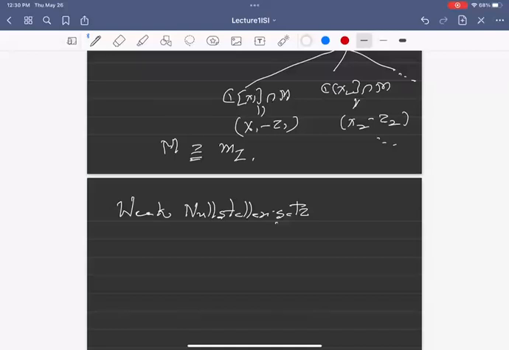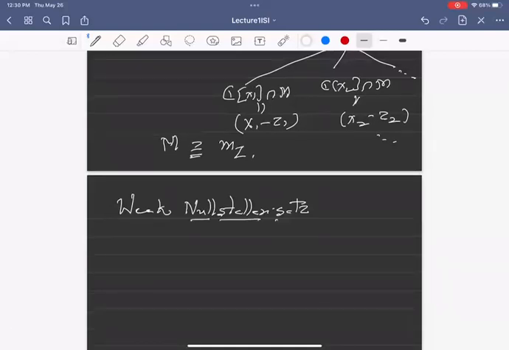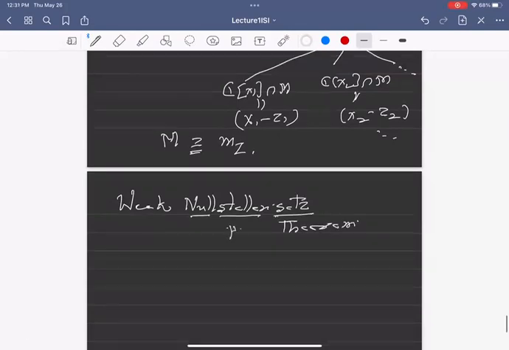This is a German word. Satz means theorem, Stellen means point, and null means 0. So this is the zero-point theorem, because it is talking about points.